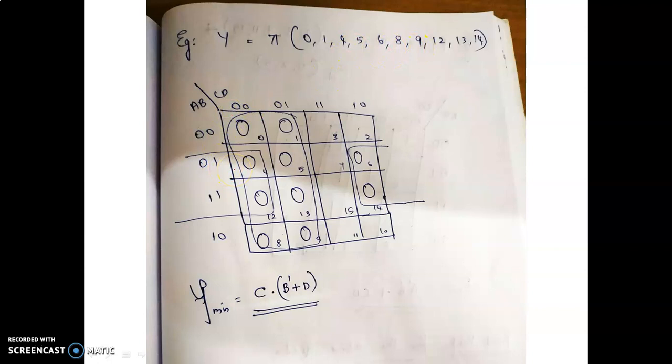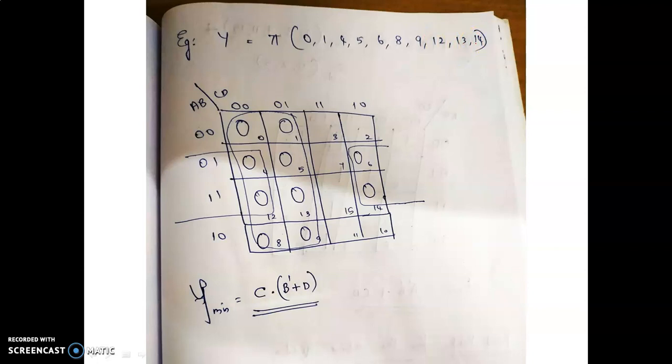We know how we get a standard POS expression from the truth table. We take the max terms that give the value 0, isn't it? So these are the max terms: 0, 1, 4, 5, 6, 8, 9, 12, 13 and 14.